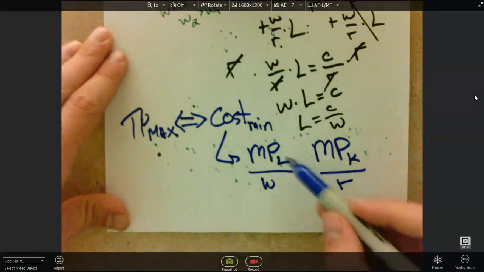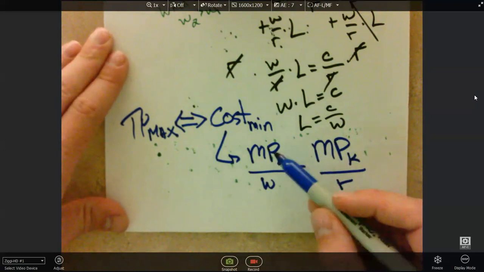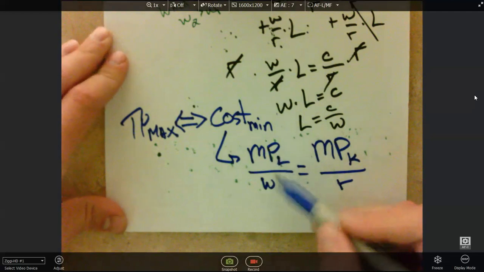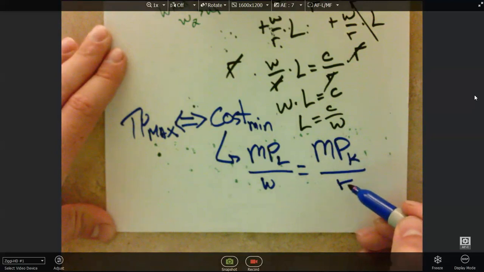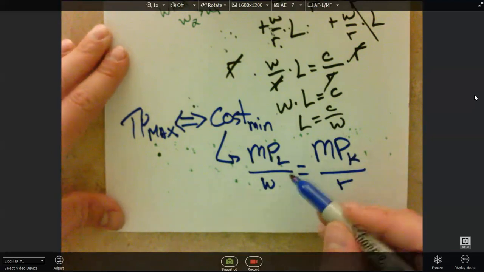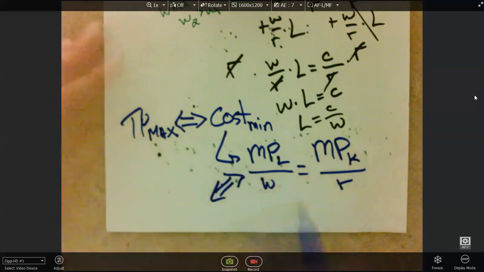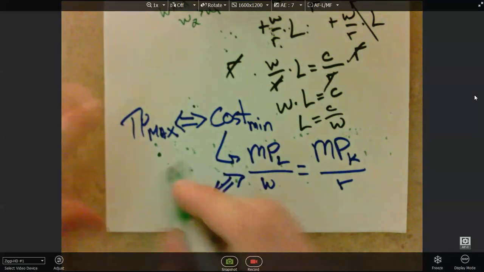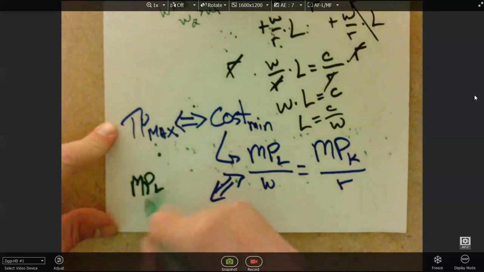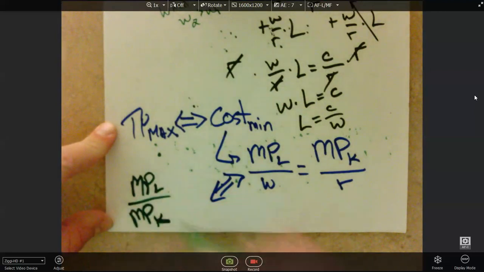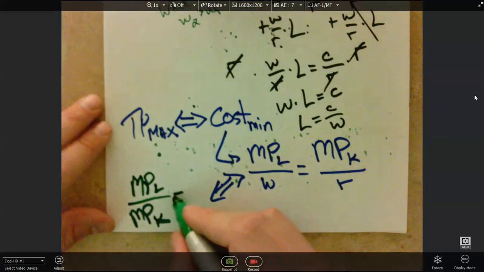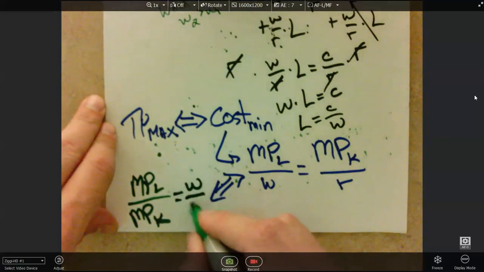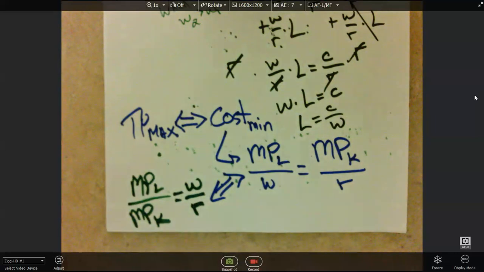So the marginal product per dollar spent in labor, we're taking the marginal product and dividing by the wage, so it's per dollar instead of per hour. And then the marginal product per dollar of capital. And so the other way that we can represent this is we can say that the marginal product of labor over the marginal product of capital, which is our marginal rate of technical substitution, right, should equal the quotient of the wage rate and the rental rate.